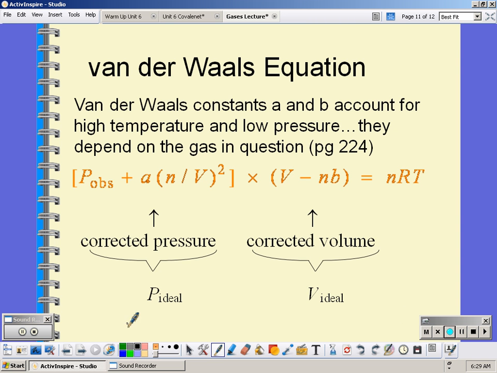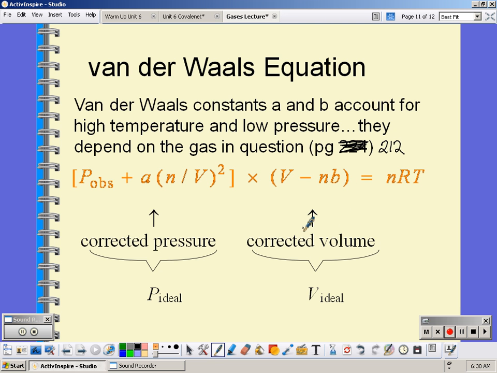Alright, and I realize this page number is wrong, so make sure that you fix this. The constants for A and B are found on page 212 of your textbook. So the A constant corrects for the pressure. The B constant corrects for the volume.